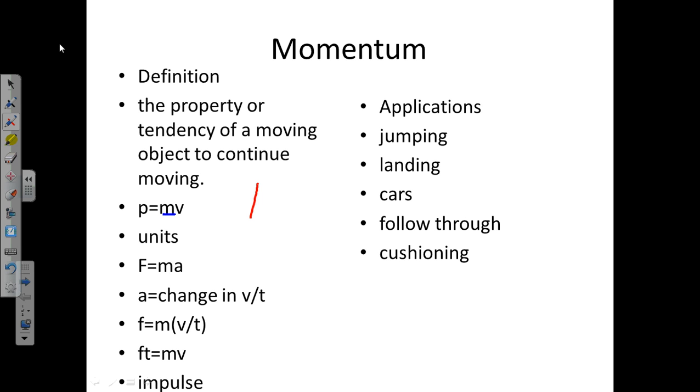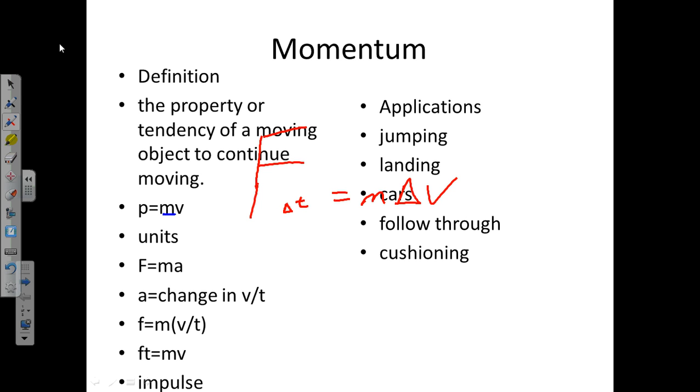If you keep your legs straight and you hold them straight, the time it takes you to stop is a very small time. Your change in momentum has to be the same no matter what. You have to go from some speed to zero. You can't change your mass. But if the time is small, that means the force that's causing that change has to be huge. So big that it might break your bones.